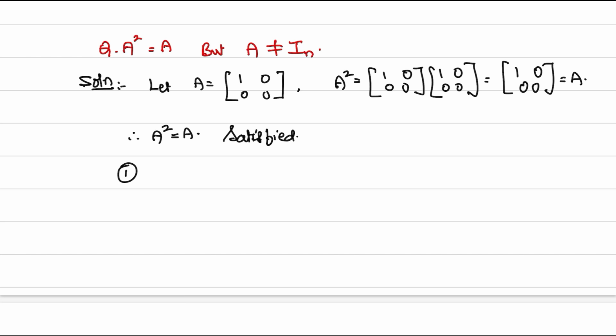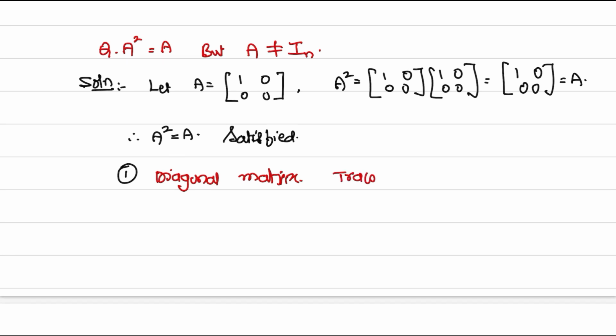What is the trace of it? It is a diagonal matrix. For a diagonal matrix, or for any matrix for that matter, trace of A is equal to the sum of the elements in the principal diagonal.